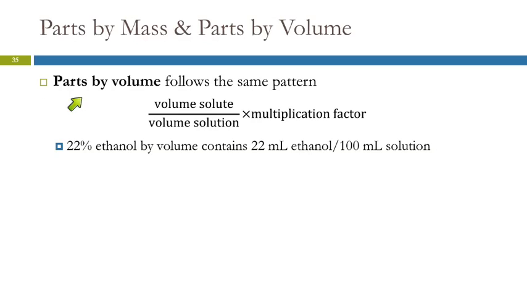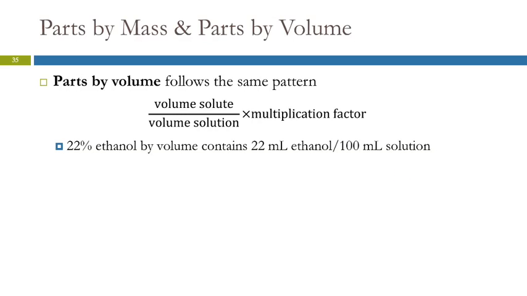You could. Parts by volume is the same pattern, but we're looking at the volume of solute divided by the volume of solution instead of the mass, again times the factor. You could have percent by volume, parts per million, parts per billion by volume. So if we see a 22% ethanol solution by volume, that means 22 milliliters of ethanol per 100 milliliters of solution.